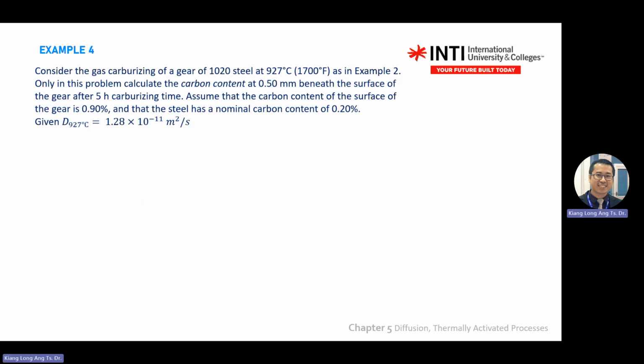Surface 0.9%. Nominal 0.2% C0. You have the time, 7 hours. Convert into seconds. So in this case, in example 4, you are working from the right hand side.